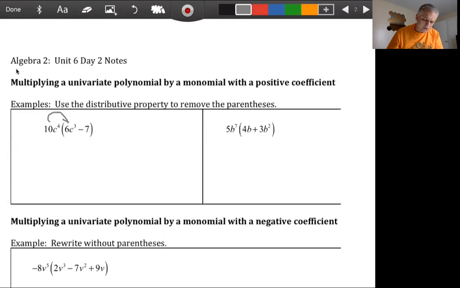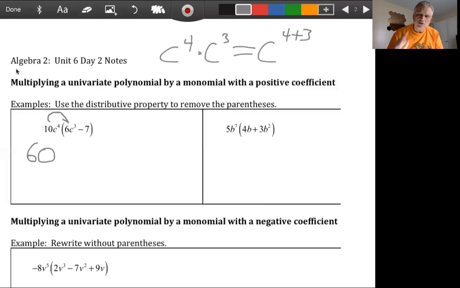So 10 times 6 is 60. And then c to the 4th times c cubed. In our last notes, we did something like that. If we multiply the same bases, we add the exponents. So c to the 4th times c to the 3rd is c to the 7th power.